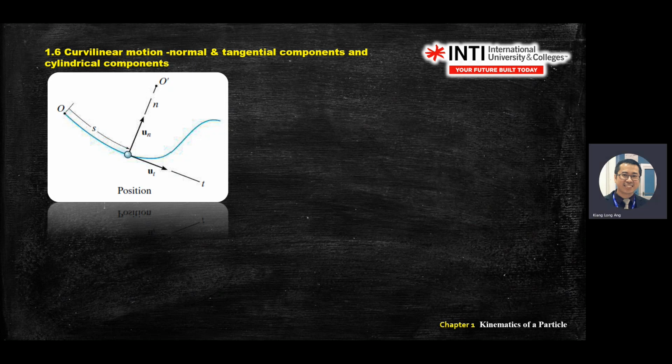Okay, so as you can see on the screen here, there's a particle moving on the path, the blue line here, and there's a position change from origin to this position S, and there is a velocity pointing to the tangent and also to normal. Okay, so every time when you have a resultant velocity, you can split into two components.